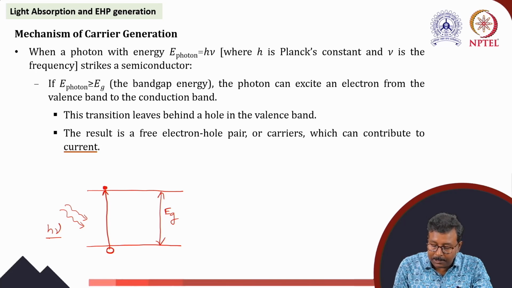This hole in the valence band is also free. So a pair of electron and hole is generated. This is the mechanism of electron hole pair generation.